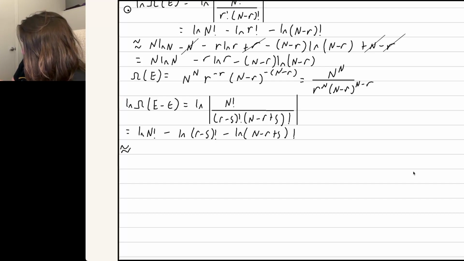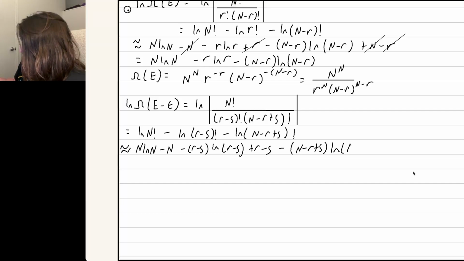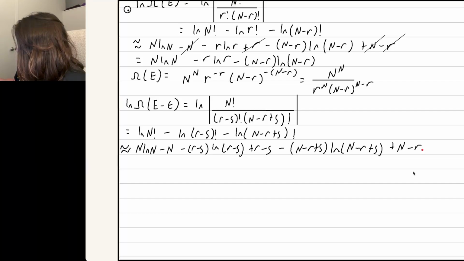Under Stirling approximation, it is n natural log n minus r minus s natural log r minus s plus r minus s, minus the n minus r plus s natural log n minus r plus s, plus n minus r plus s.